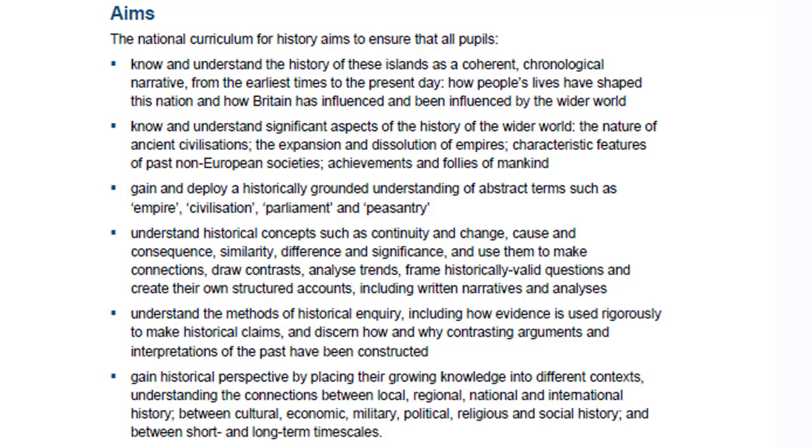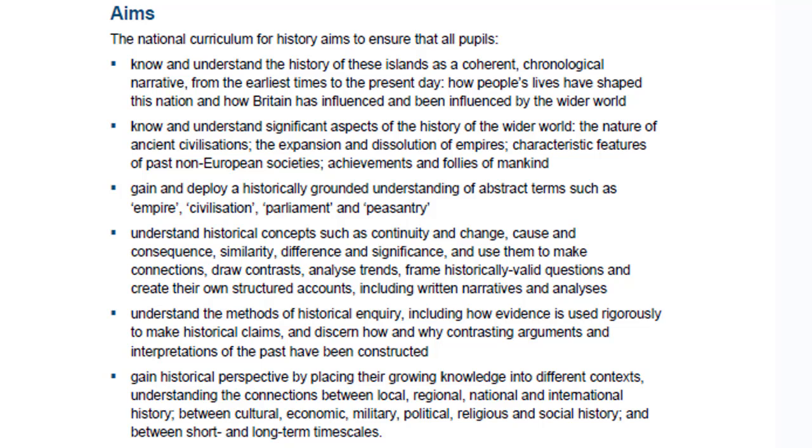When we look at all of the history lessons taken together, are they helping children to grasp and understand significant aspects of history? When we think about the sequencing of lessons across the whole of the year, are we helping children to understand a coherent chronological narrative from the earliest days to present day?